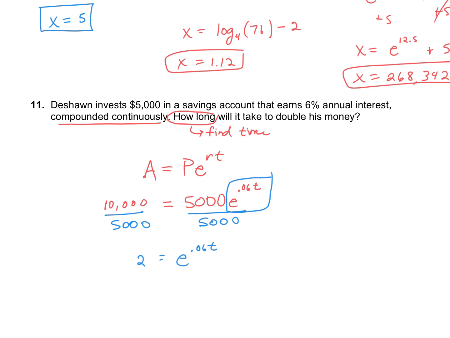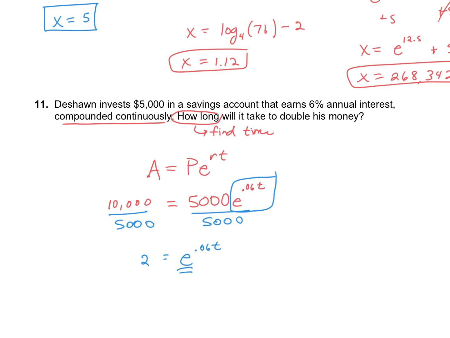Now to get to the t, we're going to switch forms. This is a base, so we're going to go into log form, but our base is e. Anytime your base is e and you go into log form, you're going to use a natural log. So we're going to use natural log of base e.